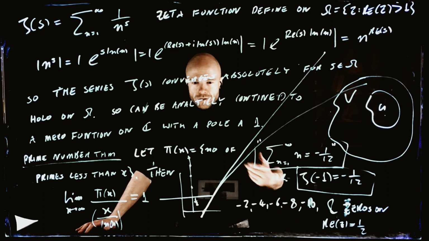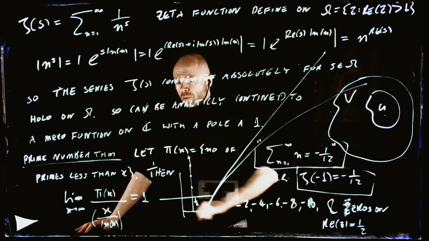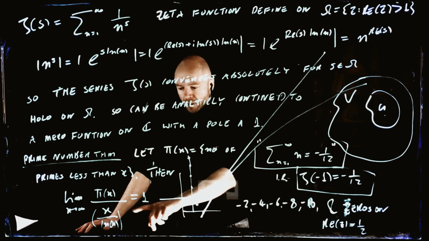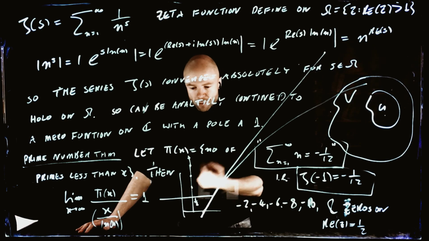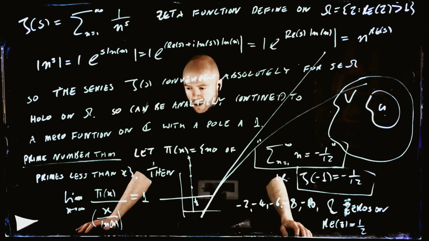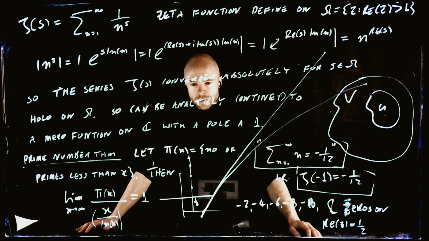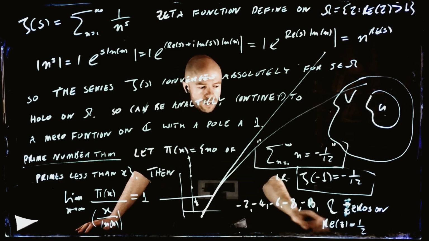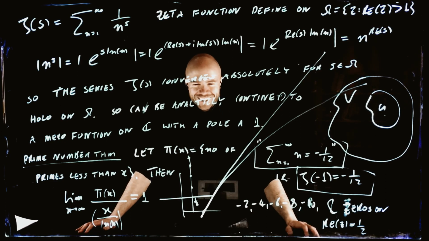It was very surprising and shocking to them that they could study this meromorphic function and learn something about the distribution of primes, which seems a completely different thing, a totally discrete kind of question. But it turns out you can. And it was even more shocking that if they could prove this, then they would have a much stronger result. Many people have tried to prove this, and that's your homework for next week.